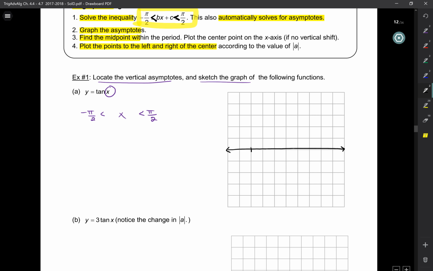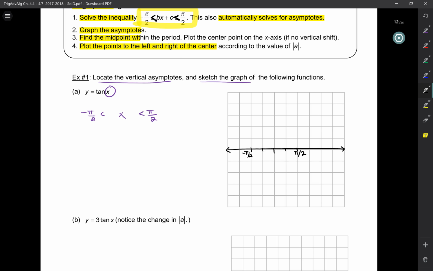This is the x-axis. Negative pi over 2, same situation. You put the first point and then you go 4 over. 1, 2, 3, 4.